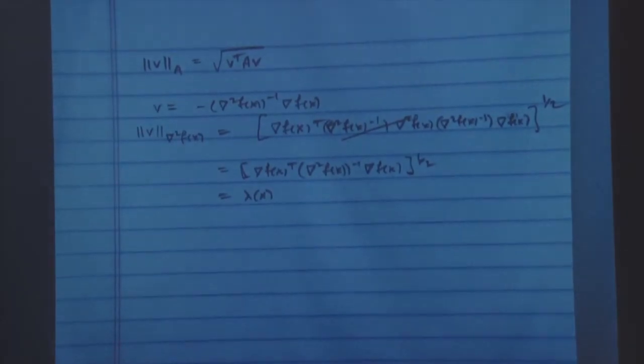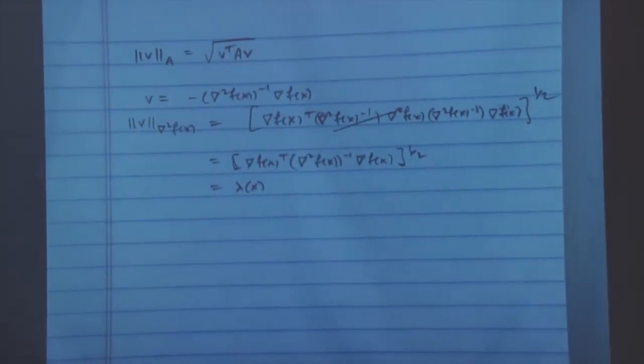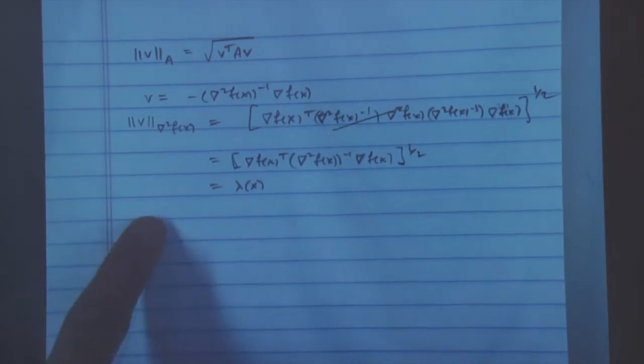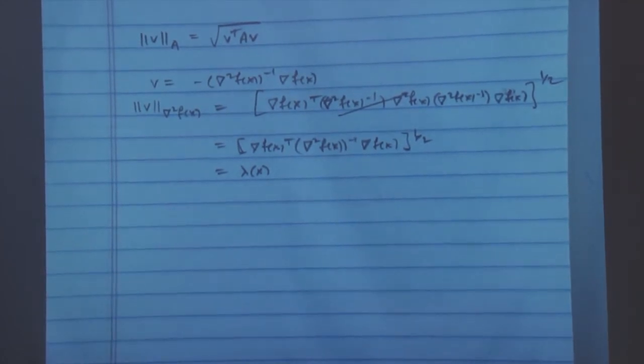This is also affine invariant. So just like the Newton updates are themselves affine invariant, this Newton decrement is affine invariant. So you can check that, right? If I were to define a new coordinate system by some non-singular transformation of x, to take Newton steps in that new coordinate system, then not only are the Newton steps the same, but the Newton decrement itself is also the same.